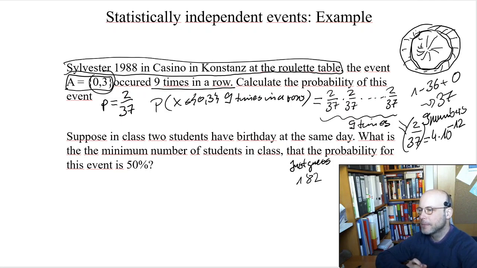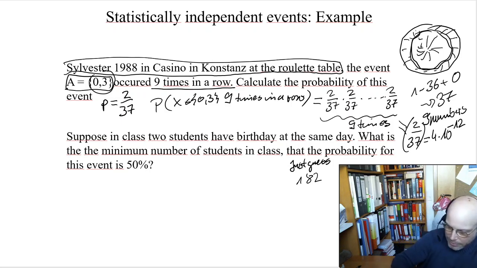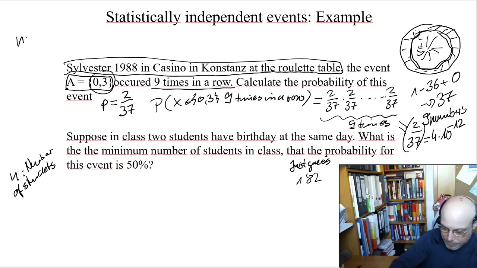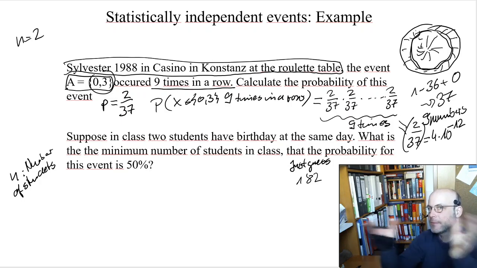So first of all, we have to know, if we say this number isn't known, and the number of students n is 2, how many possibilities do we have for the days on which these guys have their birthday?